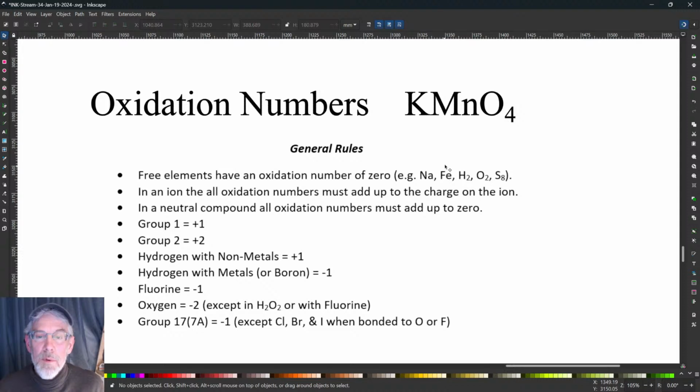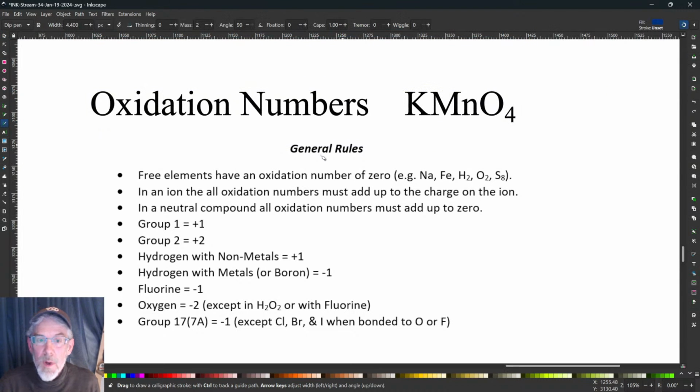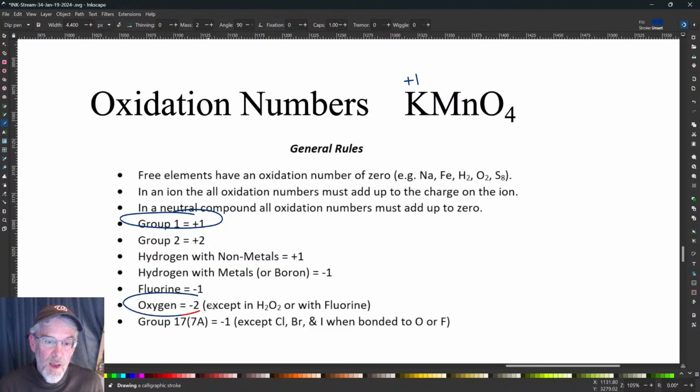So here's how I would figure this out. Potassium is in group 1 on the periodic table, so I know that group 1, all of those are +1. And I know that oxygen is -2, and I have 4 of them. But manganese, that's a transition metal, so I have no idea what that is.